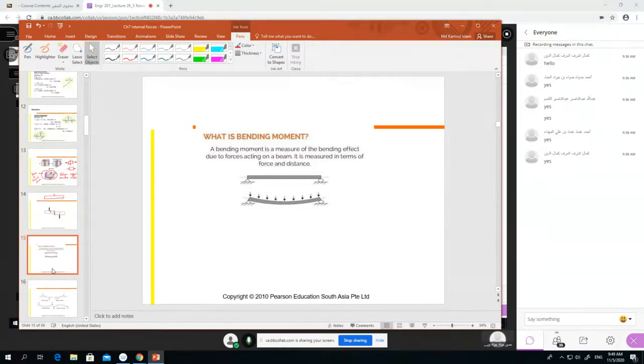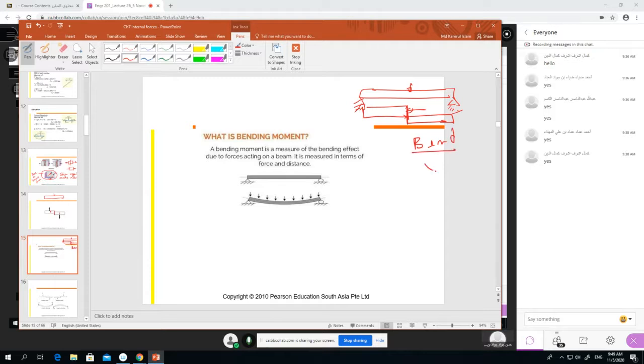Now, what is the bending moment? When we apply force to a beam, one side will try to go up and another side will go down. The shear force develops here, and another thing develops there: the moment, called bending moment. What do we mean by bend?